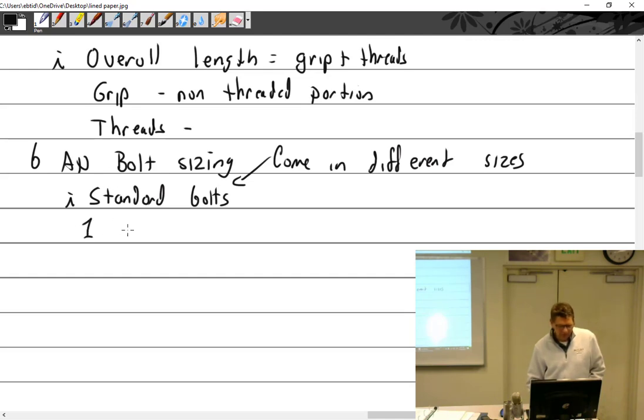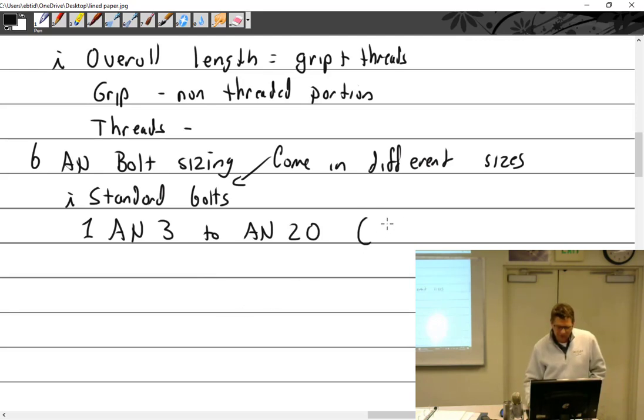All right. So let's talk about something like an AN3, up to an AN20. That's the size. So AN bolts come in as little as 3 and as large as a 20.